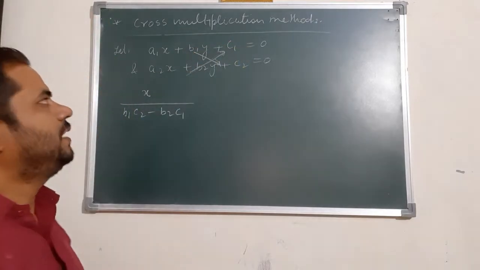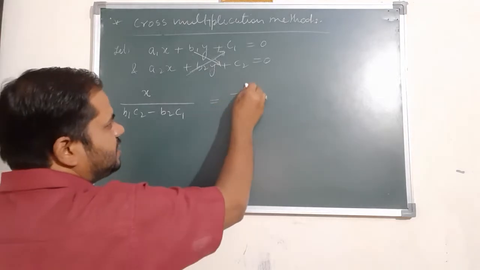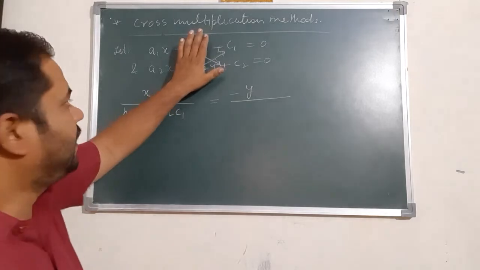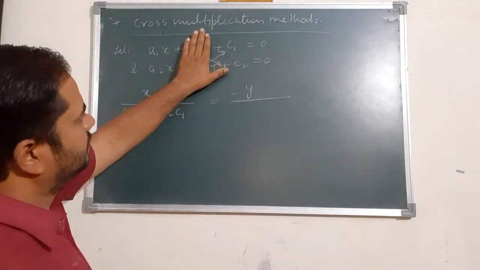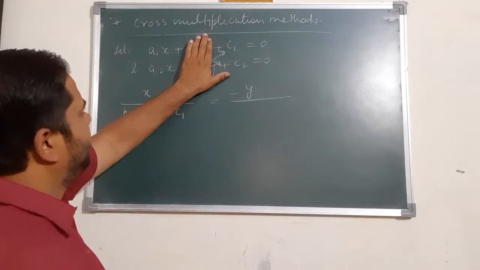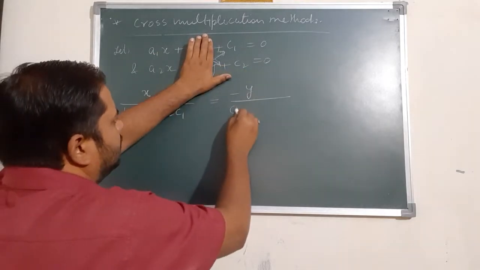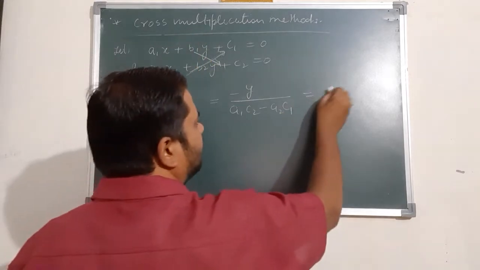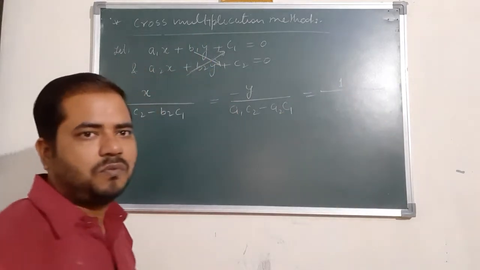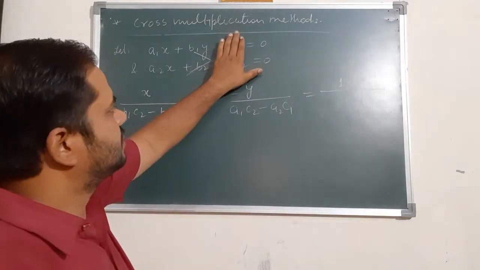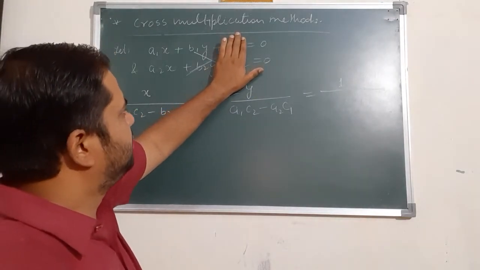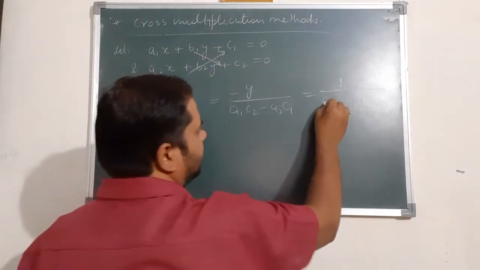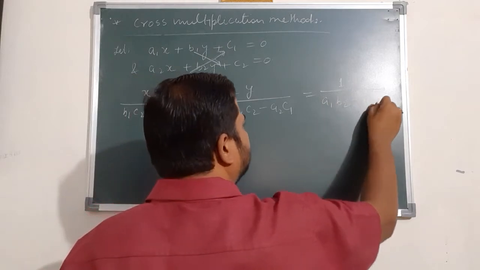Now this is minus y upon. The minus is there because we need not change the direction. So just leave the y term and write a1 c2 minus a2 c1, and then equals to 1 upon, leave the constant term, a1 b2 minus a2 b1.